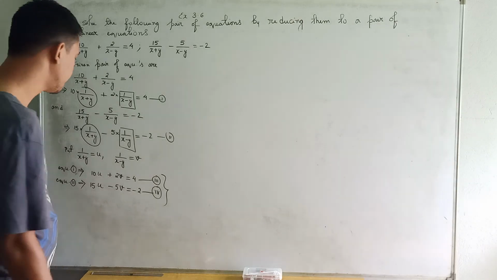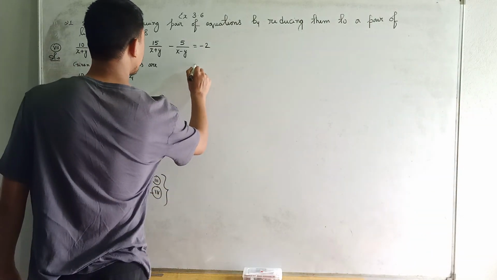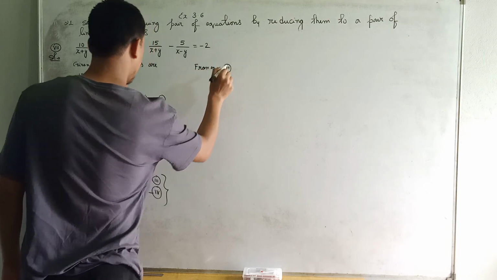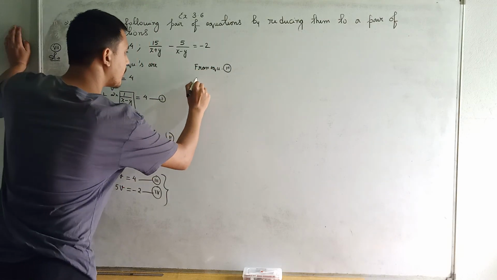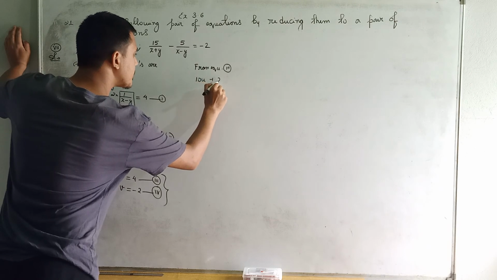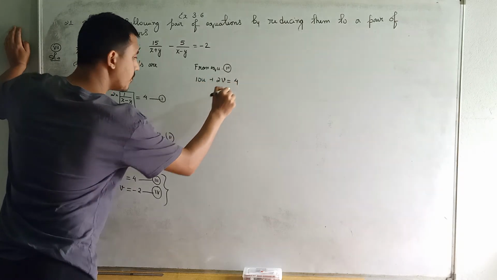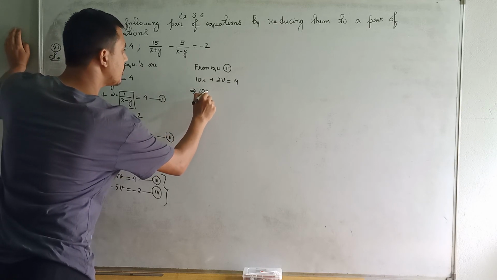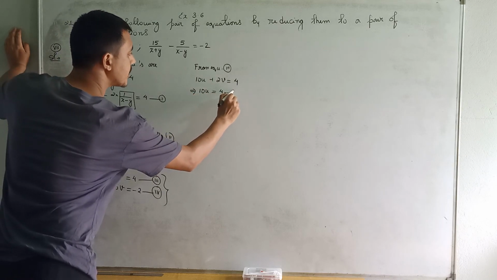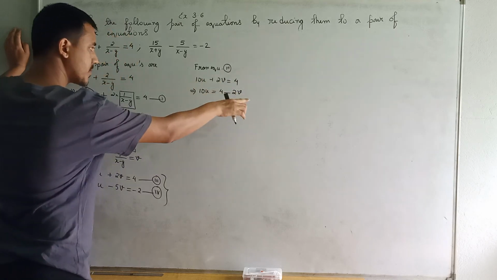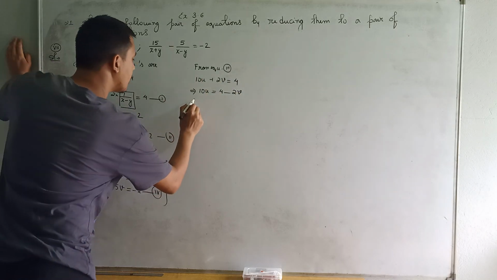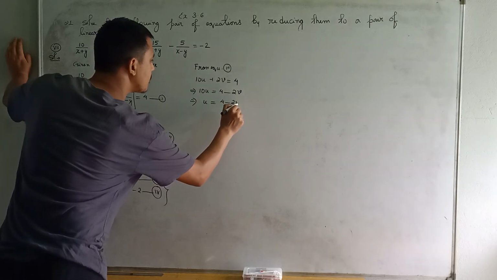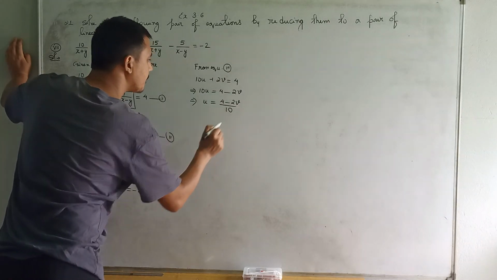Now from equation 3, 10u plus 2v is equal to 4. So 10u equals 4 minus 2v, plus 2v transposed as minus 2v. So your u would be equal to 4 minus 2v upon 10.